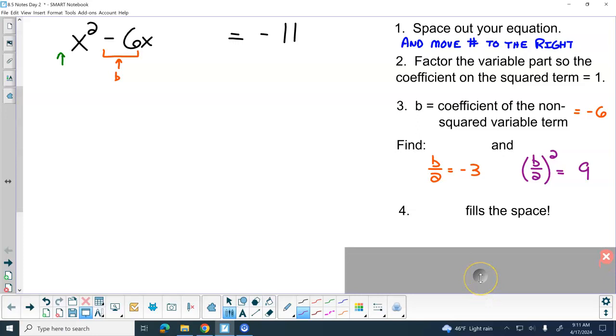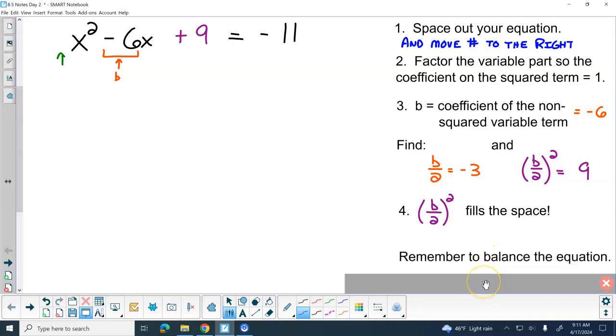We're going to take the b over 2 quantity squared, and it's going to fill in the space that we made in our equation. But what we've done now is we've unbalanced our equation, so in order to rebalance it, we have to add it to the right side also.